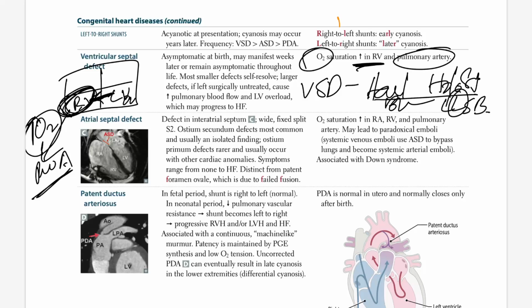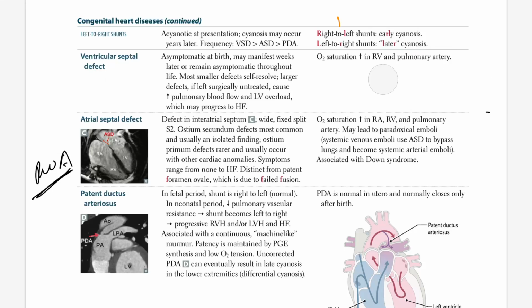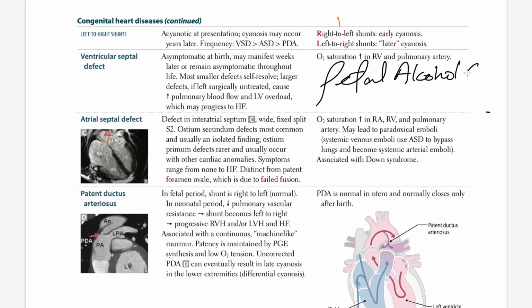Again, with larger VSDs, you will not get a lot of murmur sound, but with the smaller, you will hear the murmur. Okay, what is this associated with? It is going to be associated with fetal alcohol syndrome. And that is going to be all for this.